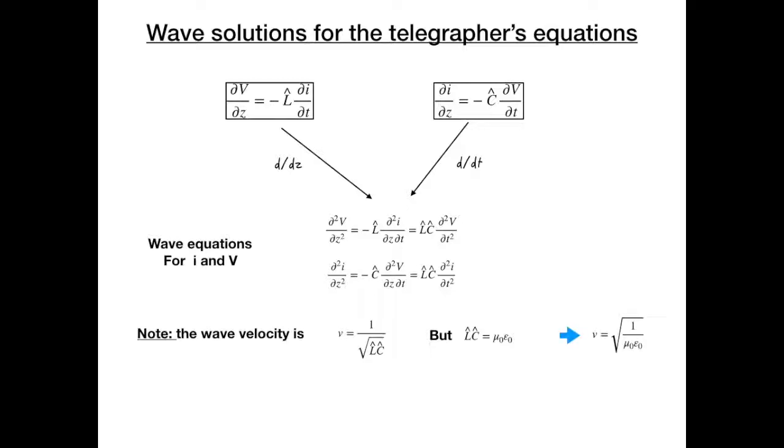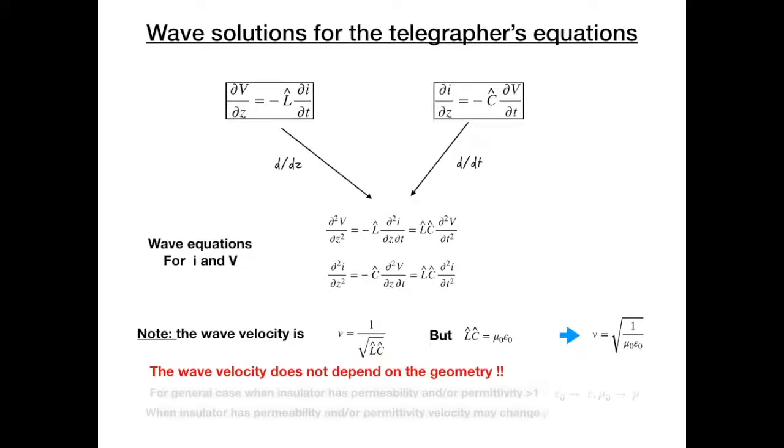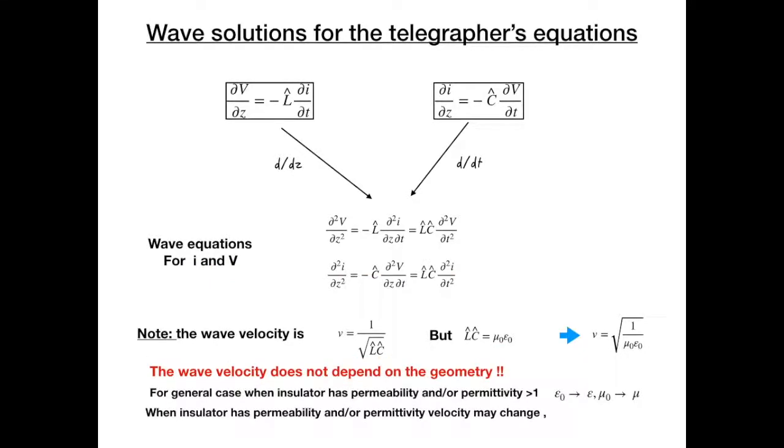So the speed is only dependent on these constants. The speed of propagation of the wave is related to the constants of nature, and this is actually the speed of light. So we get a relation between the speed of light and these constants.